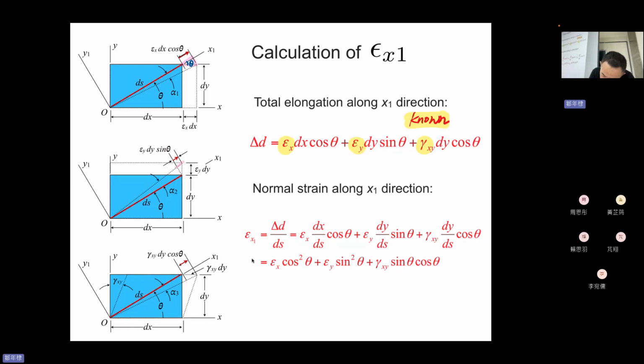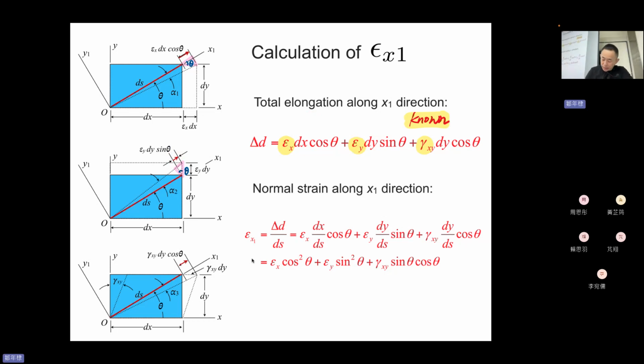We need to use this triangle. And where is the theta? The theta is this one, right? So epsilon y dy times sine theta will be the red arrow. So this tiny arrow is epsilon y dy sine theta.